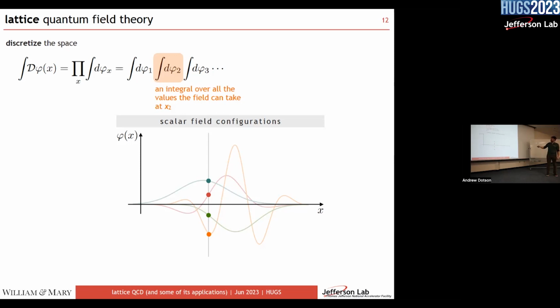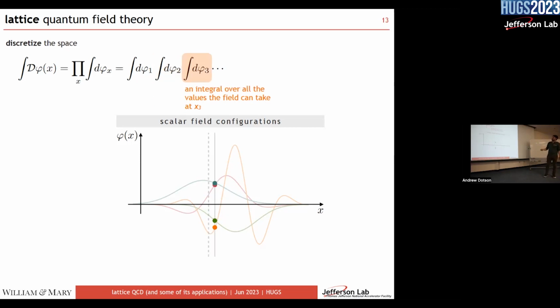So you imagine if I keep drawing more and more configurations on here, I'm just going to densely fill up all the possible values here. And at least in a hand-waving way, you can see if I integrate over all values, that's going to at least include all possible configurations here. Proving that that is a rigorous statement is a bit more effort, but it is true.